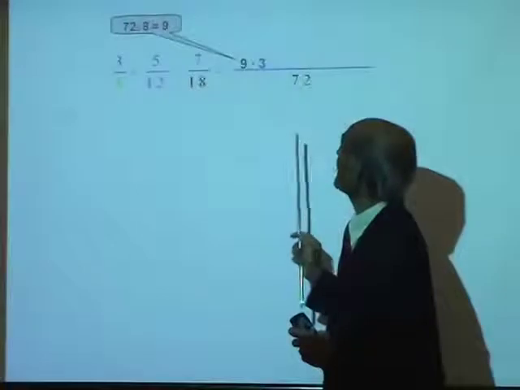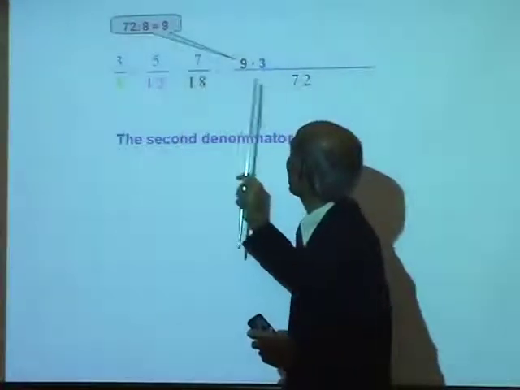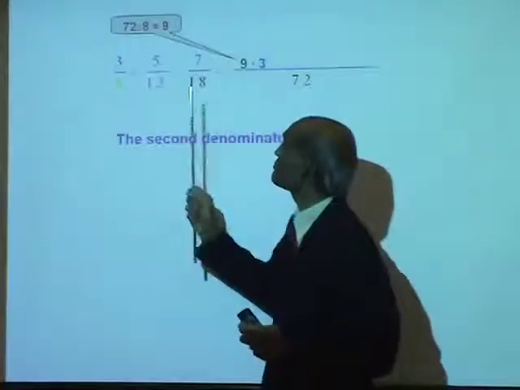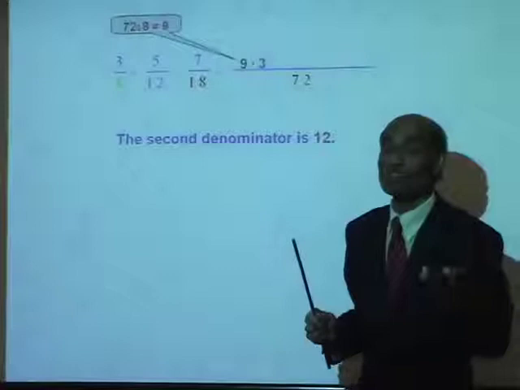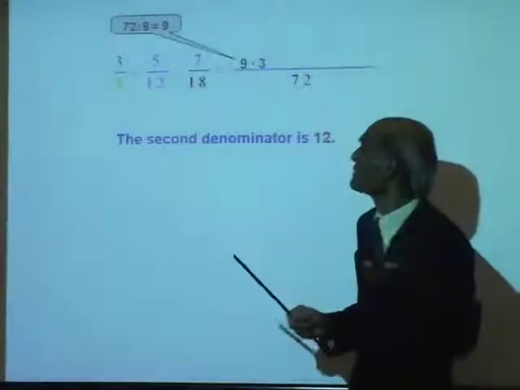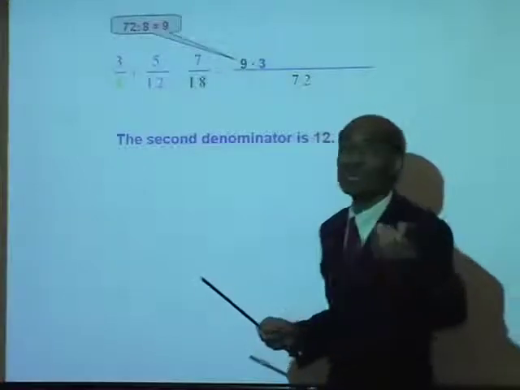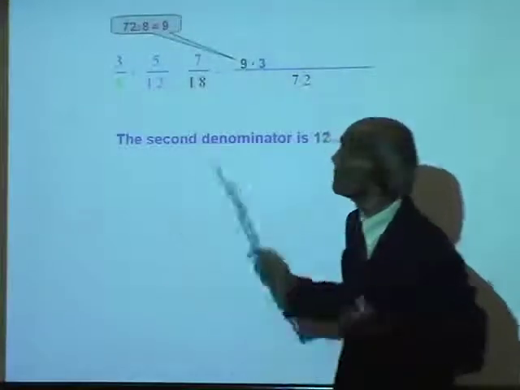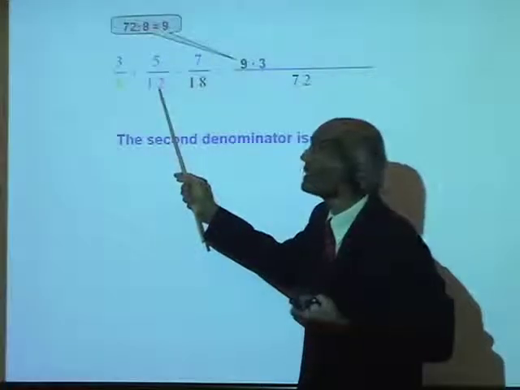Alright, let's go to the next slide. Next, 72 divided by 12. What is 72 divided by 12? 12 times 2 is 24, 12 times 3 is 36, 12 times 4 is 48, 12 times 5 is 60, 12 times 6 is 72. 72 divided by 12 is 6.